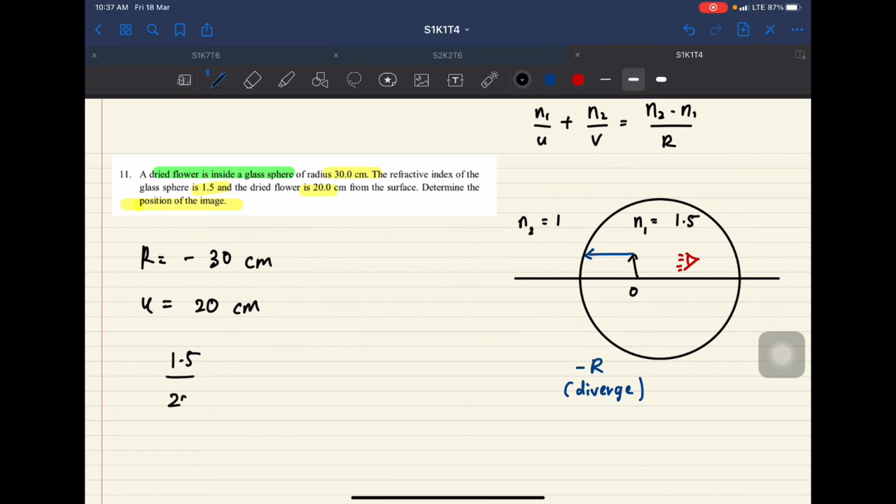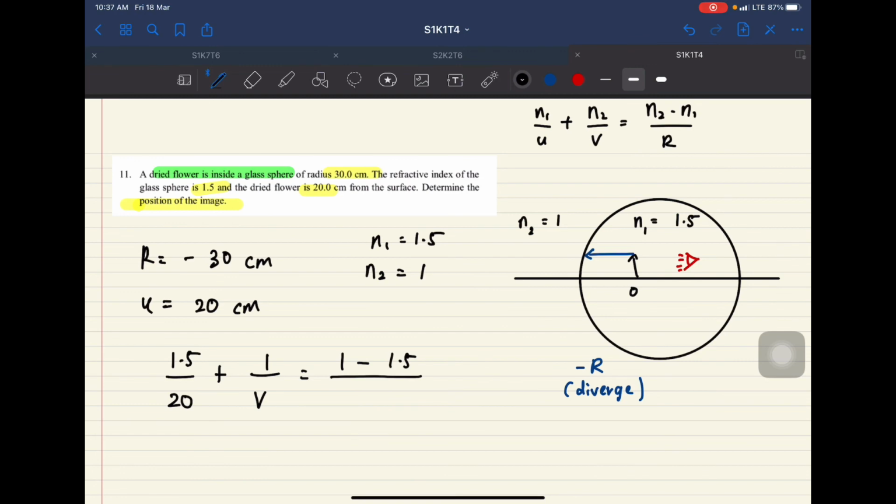So u equals 20, plus 1 over v. Be careful with the right hand side here. Maybe I can write it down again here. n1 equals 1.5 and n2 equals 1. So 1 minus 1.5. Because we get used to bigger number minus smaller number, sometimes students mix it up.